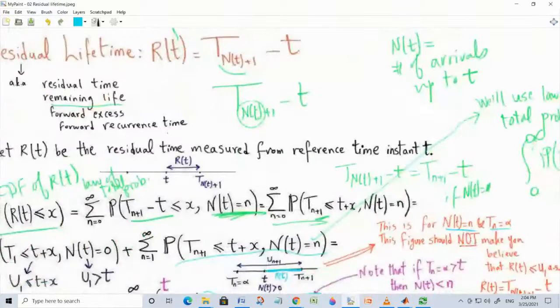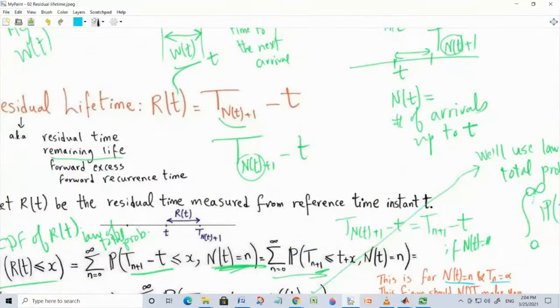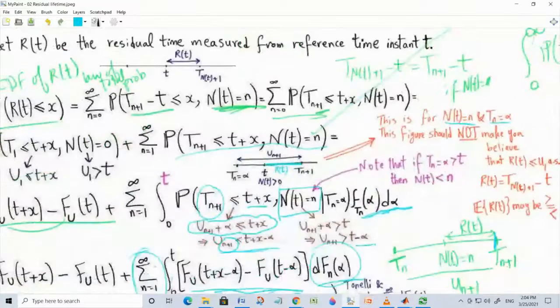This proof is the one I prefer because it explicitly starts by applying the law of total probability and telling you that you need to sweep through all the possibilities for big N(t), because that's the definition of R(t). It is not that you fix big N(t) at a specific value and then investigate this figure here, which is very misleading.